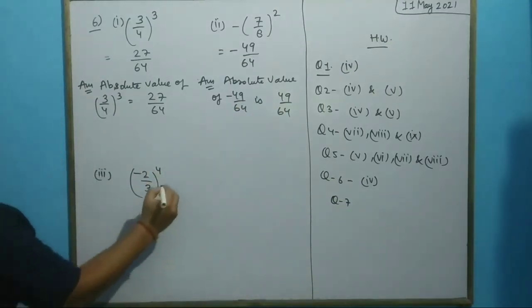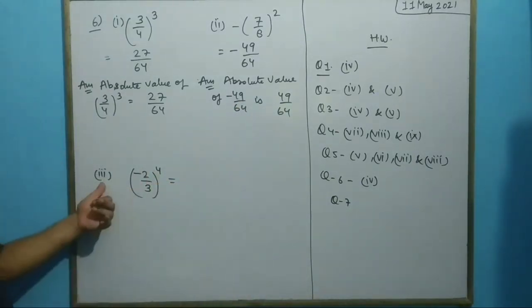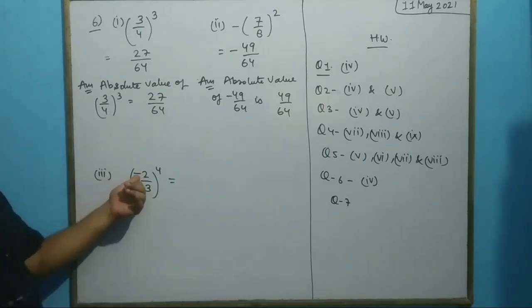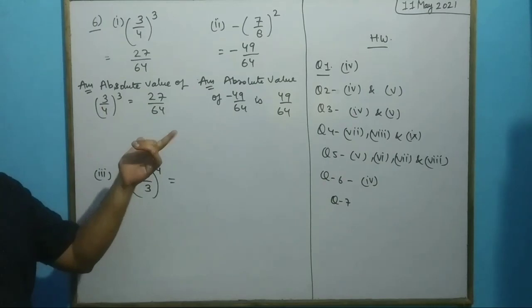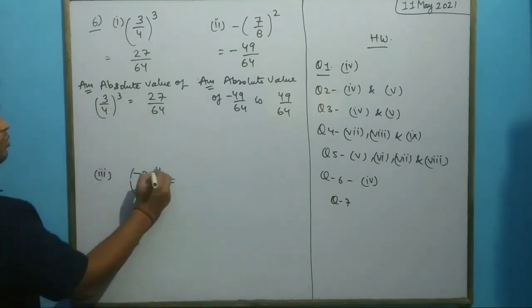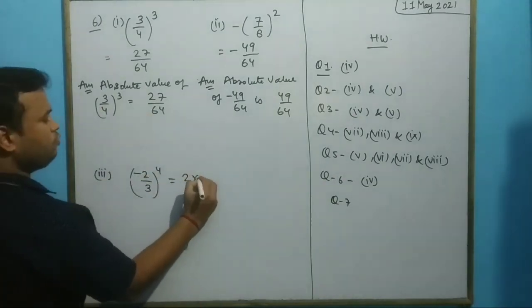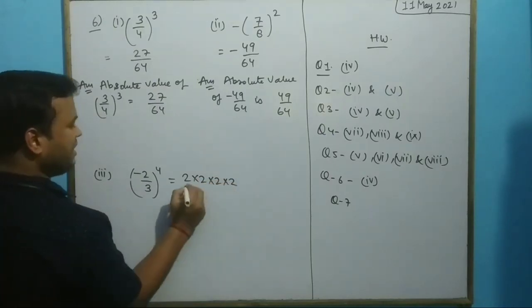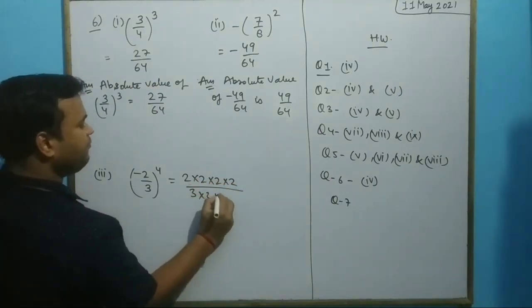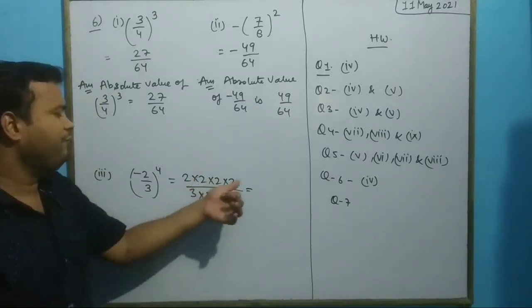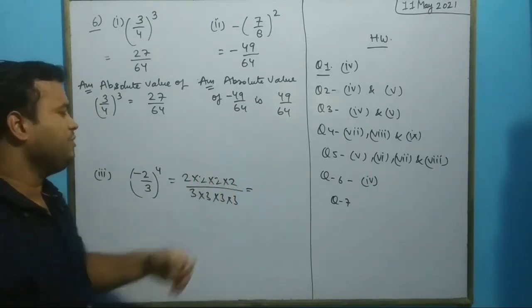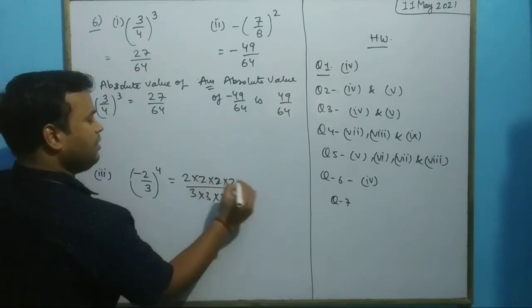The final question, that is the third part: minus raised to the power even number will be positive. 2 multiplied 4 times, 2 into 2 into 2 into 2, and 3 also multiplied 4 times. 2 2 is 4, 4 2 is 8, 8 2 is 16.